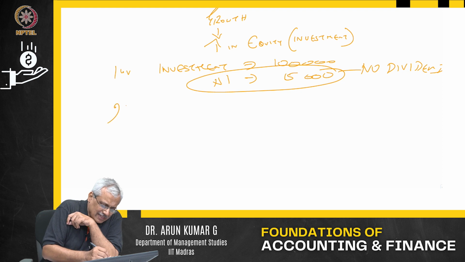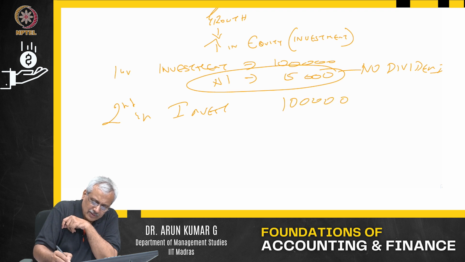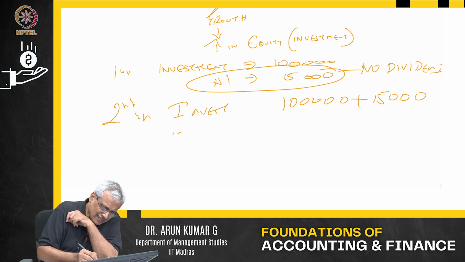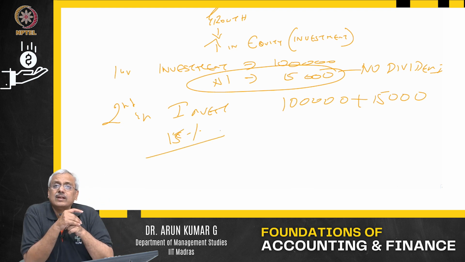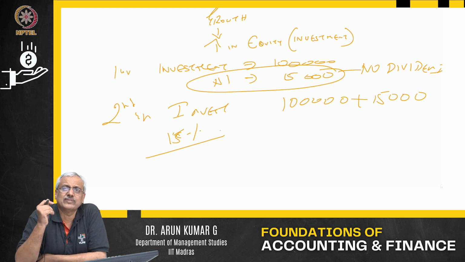Then what happened? In the second year, my investment will be 1 lakh plus 15,000, 1 lakh 15,000. Imagine I earn the same 15% return on my investment.